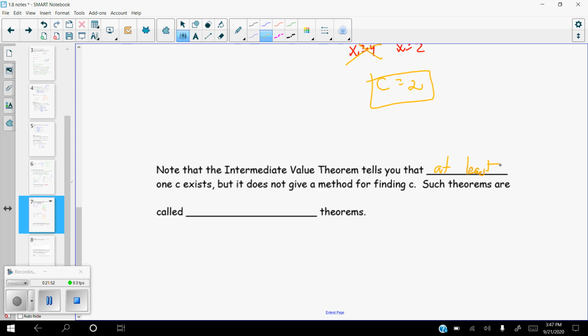So such theorems are what are called existence theorems. Meaning that sometimes it's only going to tell you that there's an existence of a C value. Maybe it doesn't tell you how to find it.